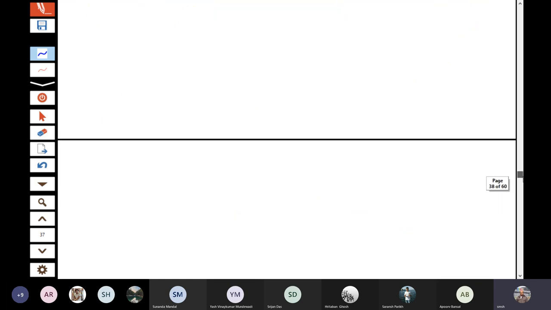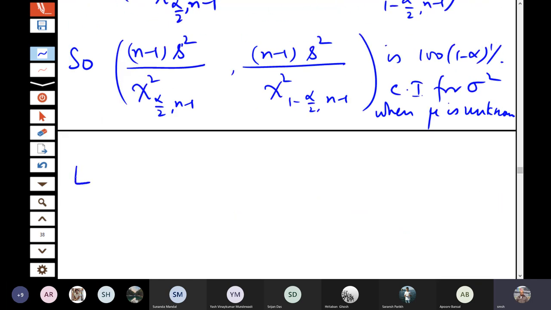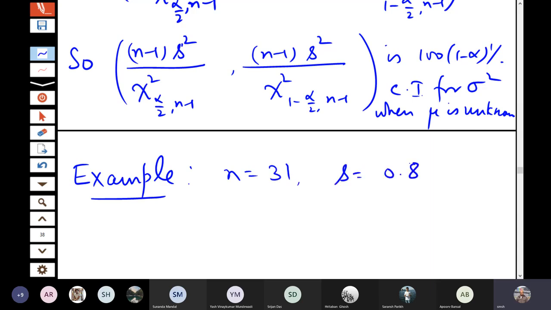So I'll end today's class with this example here. Suppose in a problem n is equal to say 31 and s is equal to 0.83 and we want alpha equal to say 0.02. So we want a 98% confidence interval.